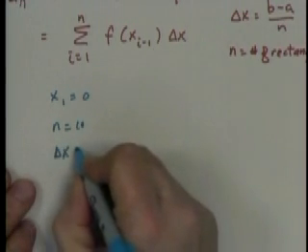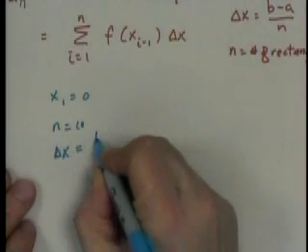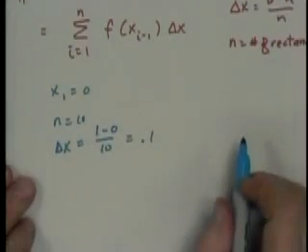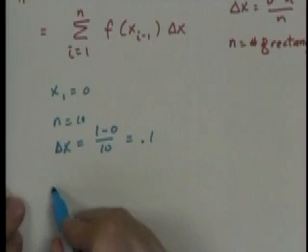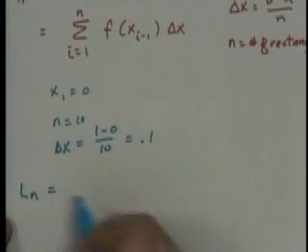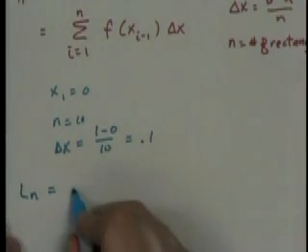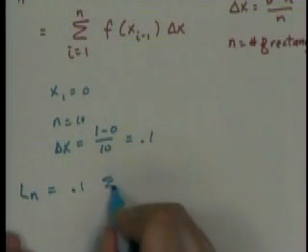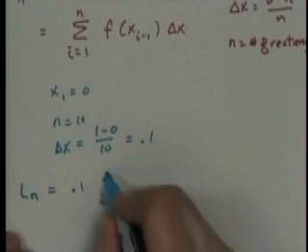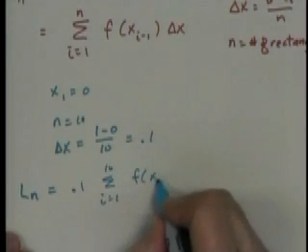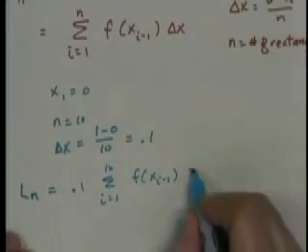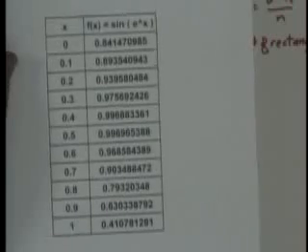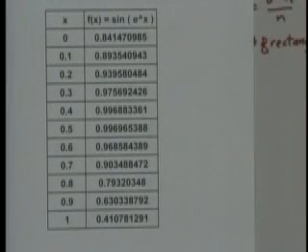Delta x is 1 minus 0 over 10, which is 1/10. So I'll just take my calculator and type these in.